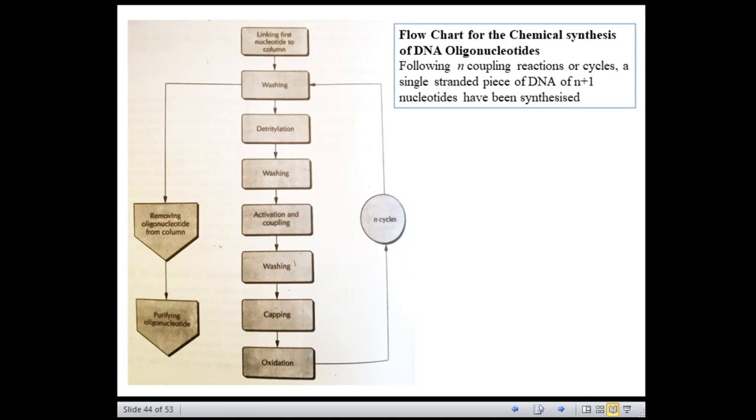So that is the reason why a solid support is used, which is usually a pore glass bead, or that is, we call it CPG bead, that is controlled pore glass bead. So this flow chart is a multi-step synthesis flow chart for DNA oligonucleotides.